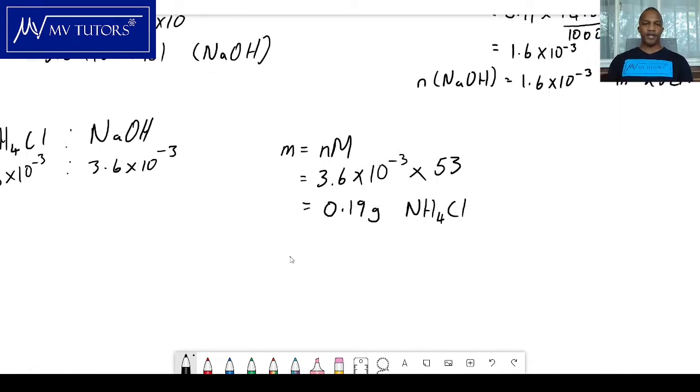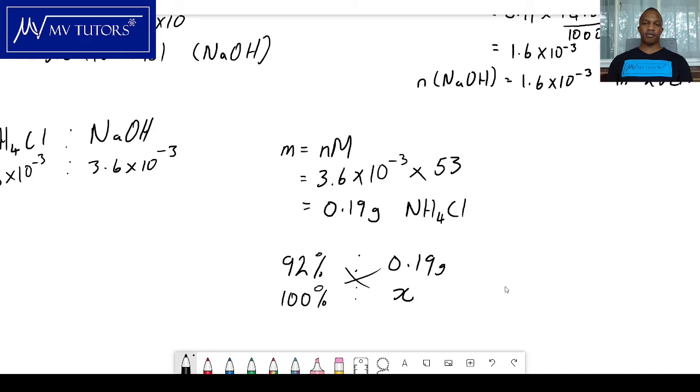So finally we'll say if 92% gives you 0.19 grams, then what is 100%, which is the entire sample of fertilizer. So we'll cross multiply.